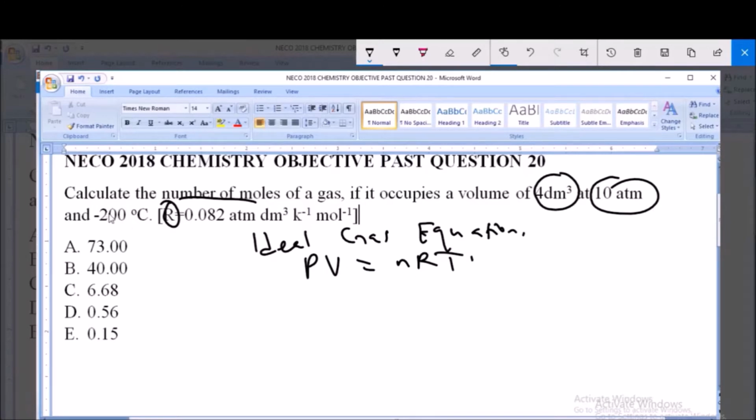Our temperature here is in degrees Celsius, so the first thing to do is convert our temperature to Kelvin. So -200 degrees Celsius to Kelvin will be plus 273, which is equal to 73 Kelvin.